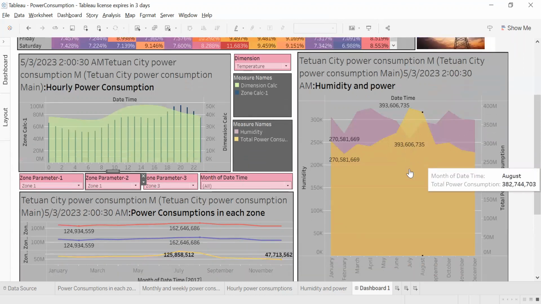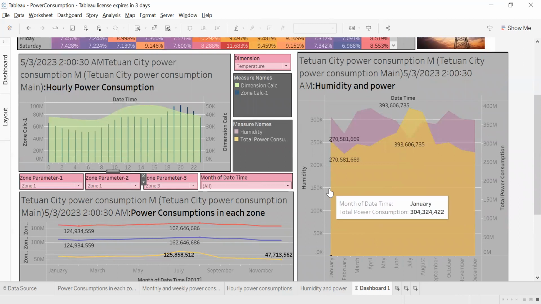And coming to the final sheet, sheet 4, here we actually wanted to see whether humidity plays a positive role in the power consumption or not.